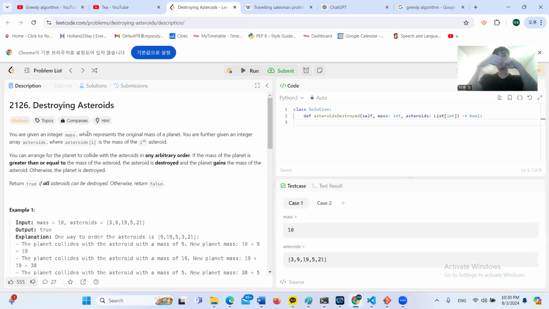When the planet collides with the asteroid in any order, if the mass of the planet is greater than the mass of the asteroid, then the planet will eat up this asteroid. And if it's the other way around, then the planet is destroyed. But our aim is to destroy all the asteroids. So in all the cases, the planet's mass should be greater than or equal to the mass of the asteroid, right?